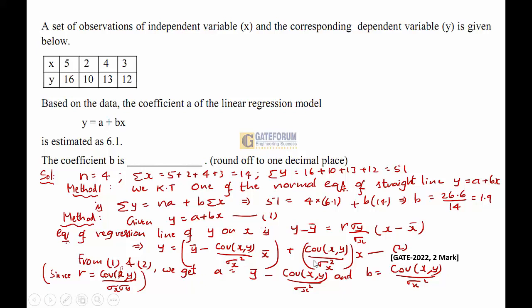Now, how do you find covariance of xy and standard deviation? Sigma square x means variance of x variable. See. Now, sum of all x square, that is summation x square, is 25 plus 4 plus 16 plus 9, which simplifies to 54.